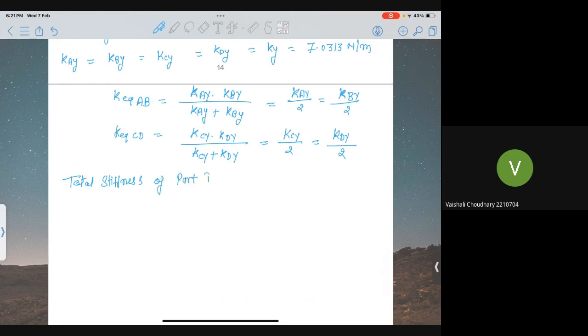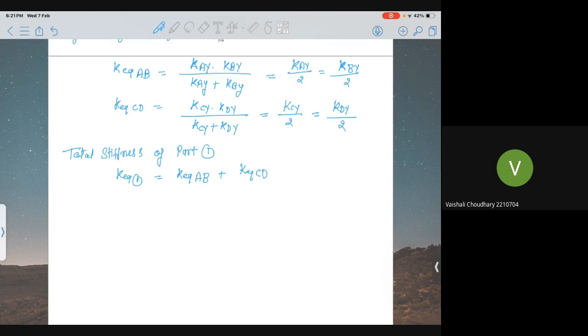Part 1, which is K equivalent of 1, is a parallel combination of K equivalent of AB plus K equivalent of CD, because these two equivalents are in parallel. So in a parallel spring system, we'll calculate the total stiffness constant as a summation of the individual stiffness constants, right?